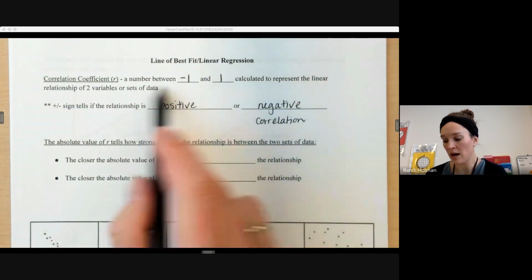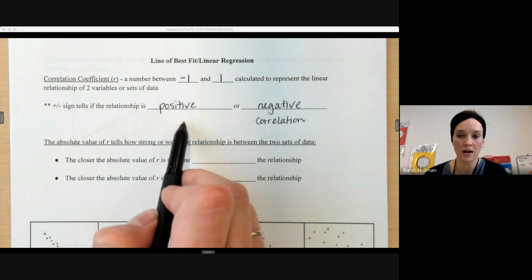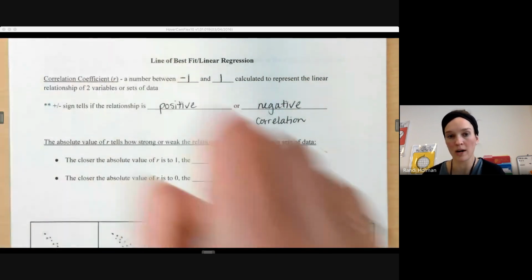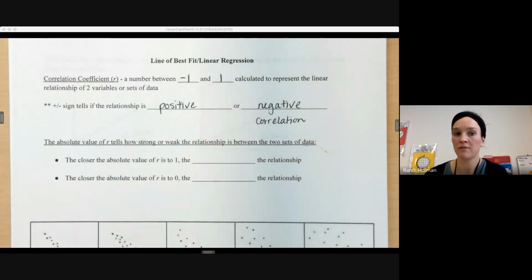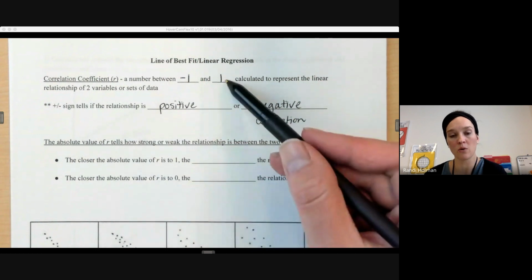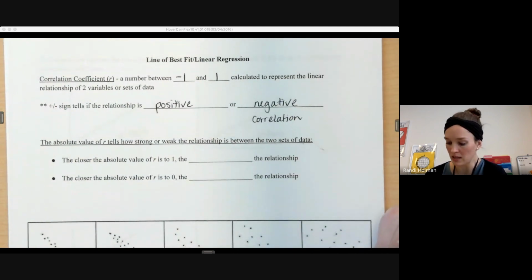If you have a correlation coefficient of -0.5, that means negatively correlated data: as your x's are increasing, your y's are decreasing. Similarly, if you have a correlation coefficient of 0.67, that means you have a positive correlation: as your x's are increasing, your y's are also increasing.